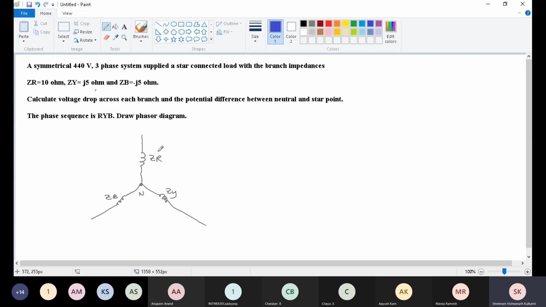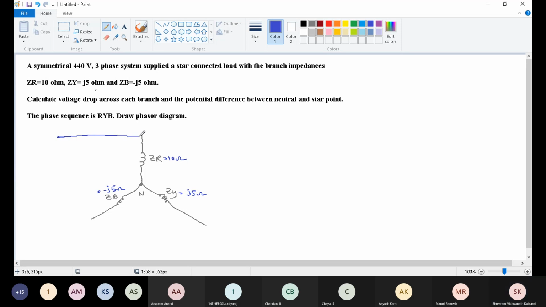They gave this one as 10 ohm, this one as j5 ohm, this one as minus j5 ohm. This is supplied by a 440 volt 3-phase supply.